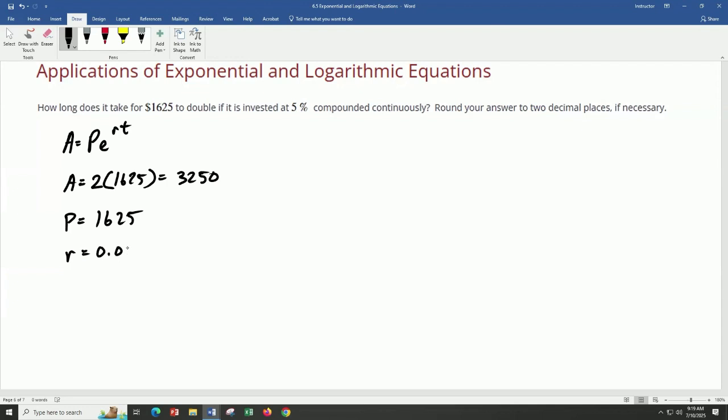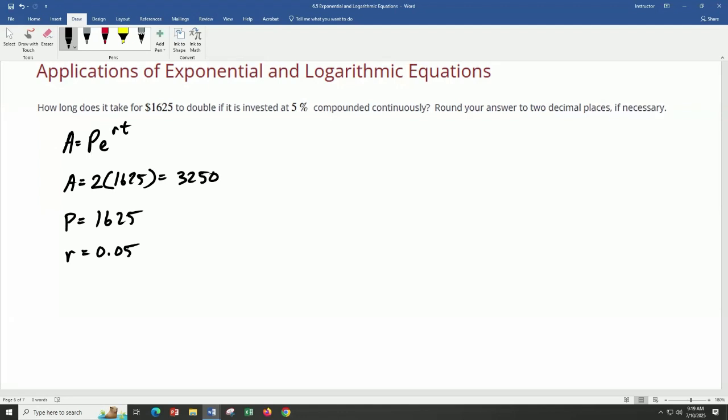So 0.05. Do make sure that you are changing that percent to a decimal.